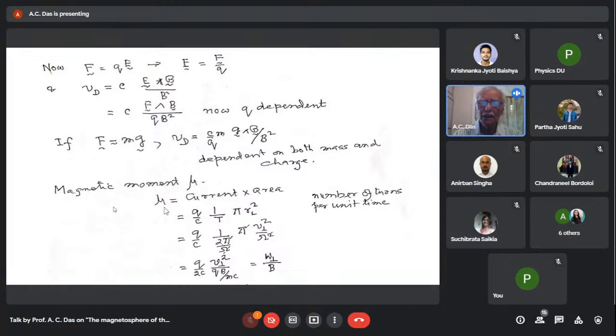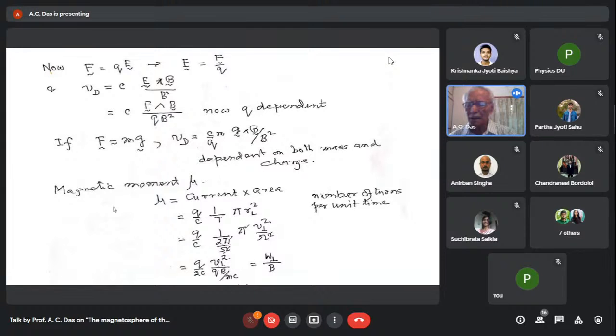Now another important parameter is called the magnetic moment, and magnetic moment is defined as current into area: the current obtained by the particles going around the magnetic field, and the area it describes when it completes one cycle. Current is obtained if you know the number of turns per unit time, so it is associated with the time, and that will determine how many turns take place in unit time.